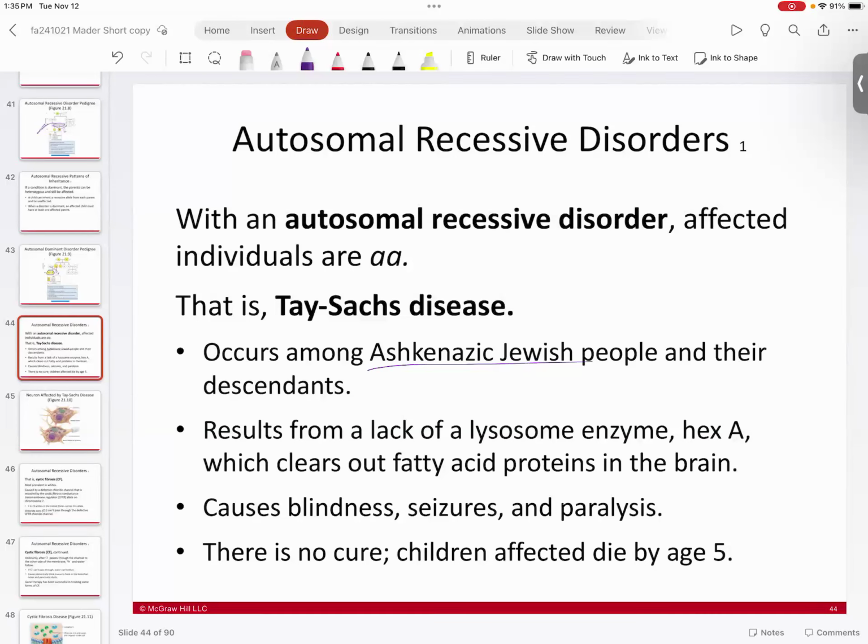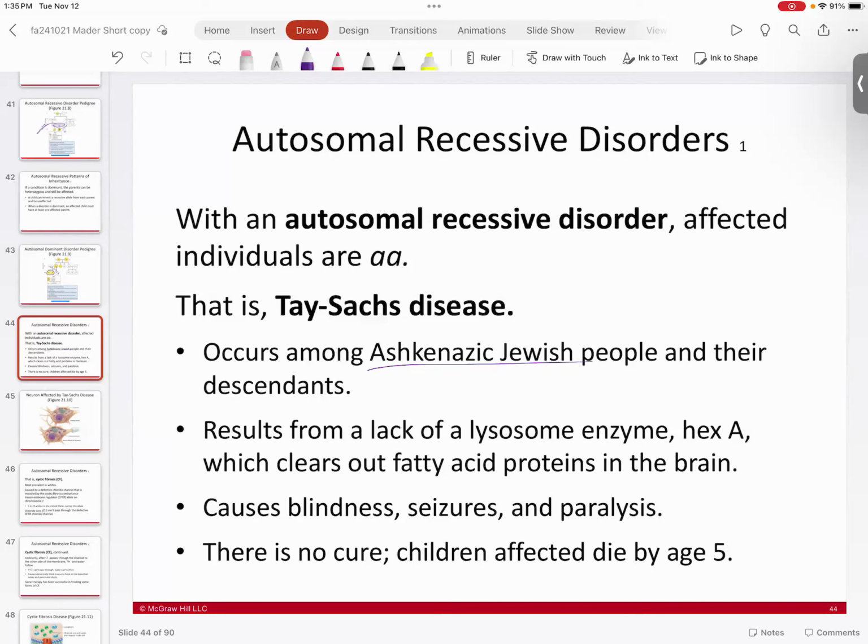I believe they're from a particular region in Germany that is somewhat intermarried, and they accumulated some genetic disorders that are seen at higher frequency in that population than in other populations of the human population.